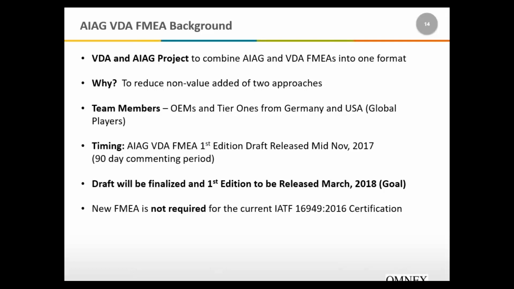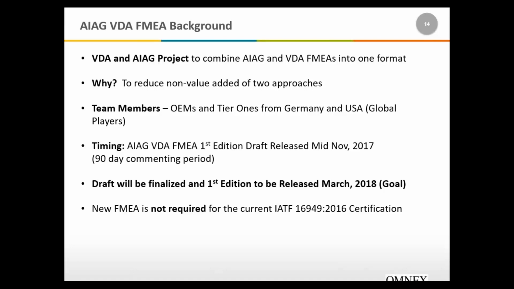The team members of this project were OEMs and Tier 1s. Timing, well, if you don't know, the first edition draft has been released. There's a 90-day commenting period, and the idea is that sometime in March, maybe early April, there will be a release of this standard.